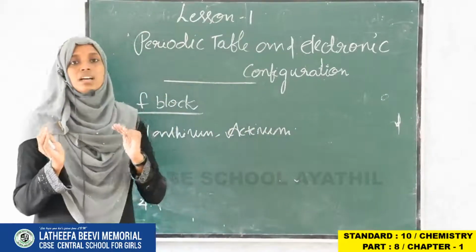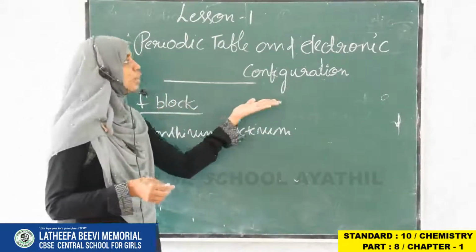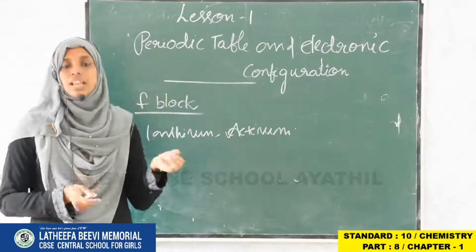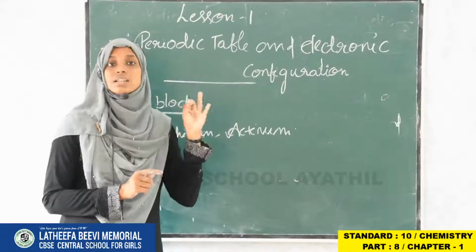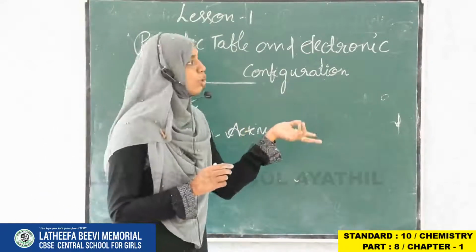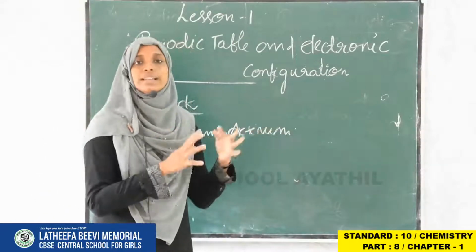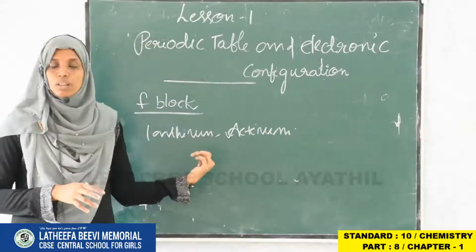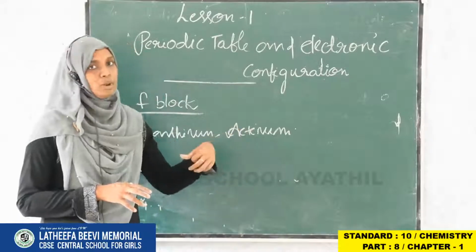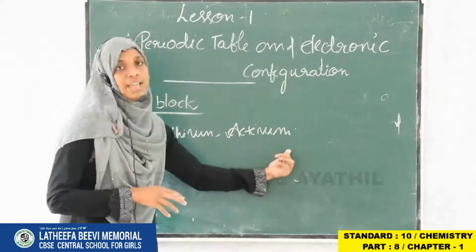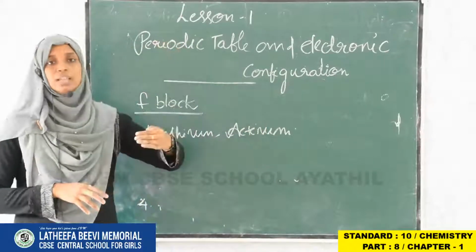Like the other blocks, if we consider the S block, the last electron is filled in the S subshell. In the P block, the last electron is filled in the P subshell, and in the D block, the last electron is filled in the D subshell. Here also the last electron is filled in the F subshell, and it is situated below the periodic table.